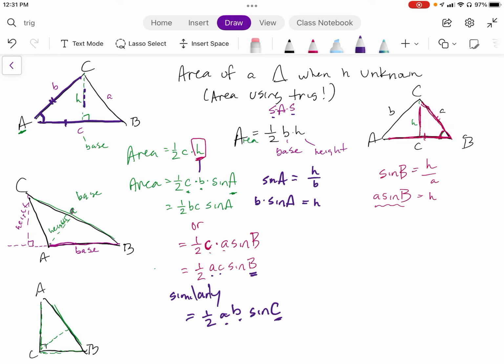I'm not going to show it for this obtuse triangle because the process is really the same. It depends what you know, but you can always draw that height and just plug in your base times the height, whichever one is your height. Base, and then the half, because that's basic geometry, half the base times the height.